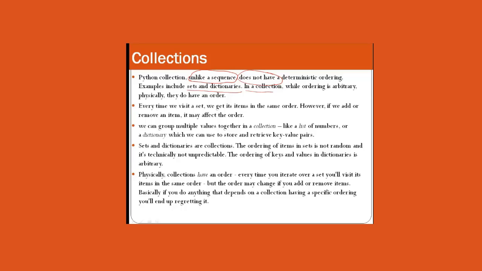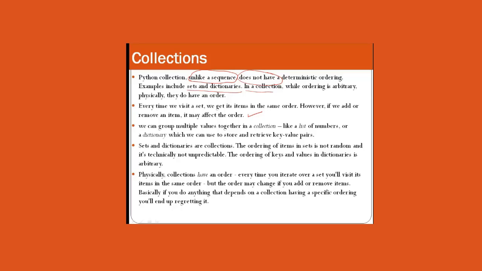However, if we add or remove an item, it may affect the order. So you may try this exercise in the Python interpreter. You create one set, display the items in the set, then you do some operation on it, and then try to display the elements of the set. You will see there may be a change in the order it is displayed.